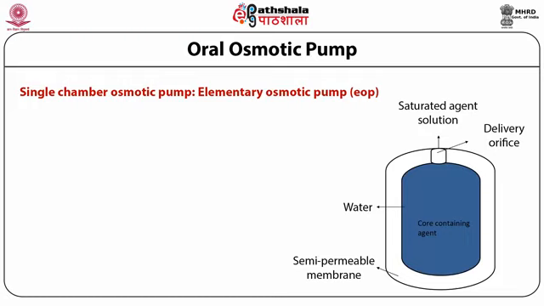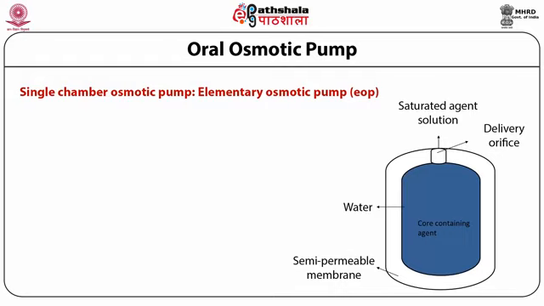The semi-permeable membrane allows water to come in. This water or biological fluid dissolves the solute, which is your osmogen. The drug might be dissolved, or not, no problem. After dissolution of the solute, it changes the osmotic pressure. That osmotic pressure helps in pushing the drug in dissolved state or dispersed state, that is, in the form of suspension, out of the orifice.